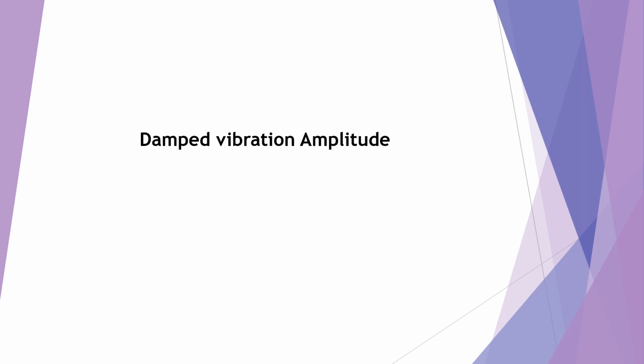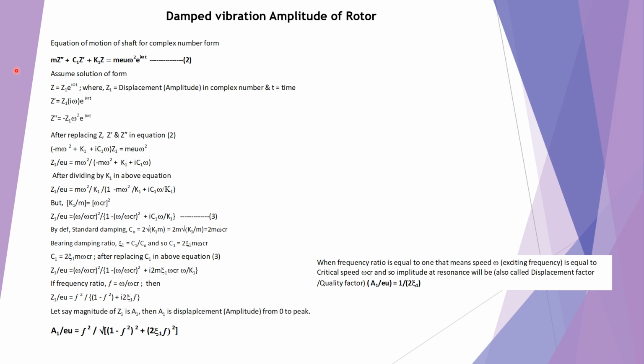Now damped vibration amplitude. The same equation of motion of shaft in complex form can be written as m into z double differentiation plus c1 into z differentiation plus k1 into z is equal to m into eu into omega square e to the power i omega t.